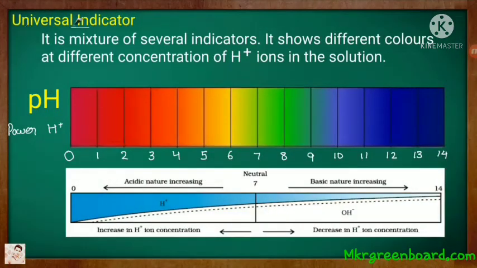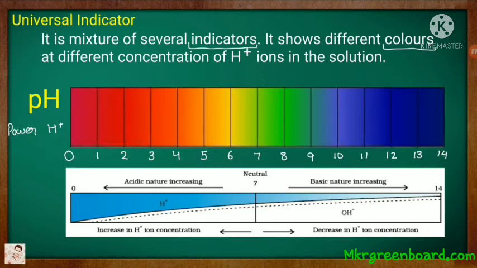Now, universal indicator. One mark definition: it is a mixture of several indicators. It shows different colors at different concentrations of H+ ions in the solution. It is a pH indicator, mainly showing the H+ ions.